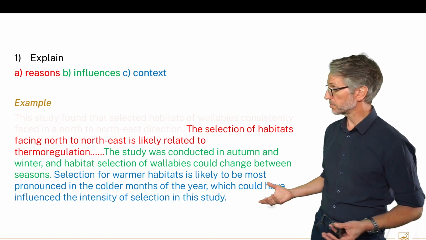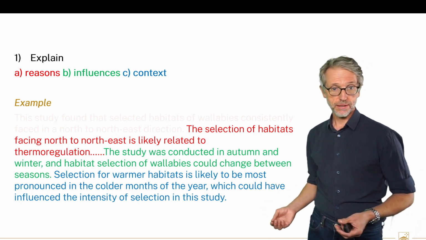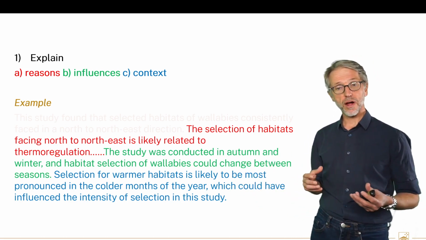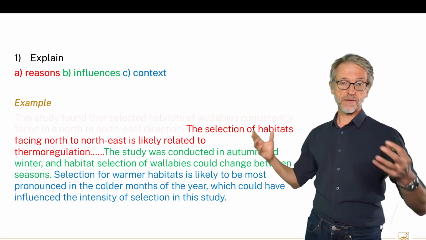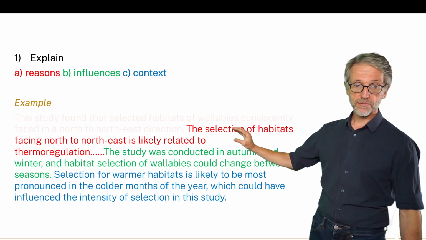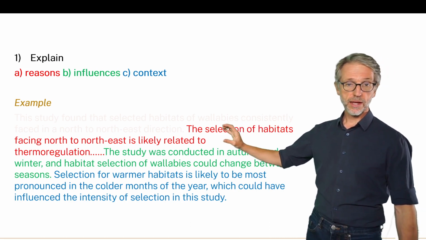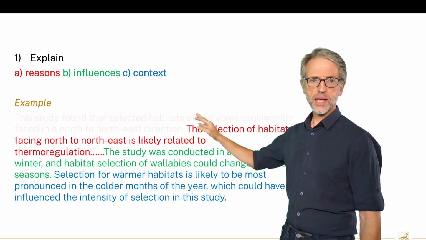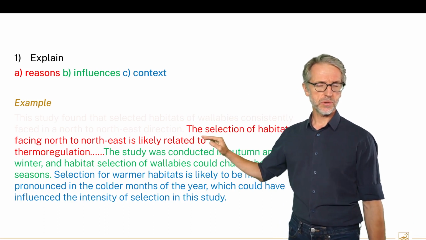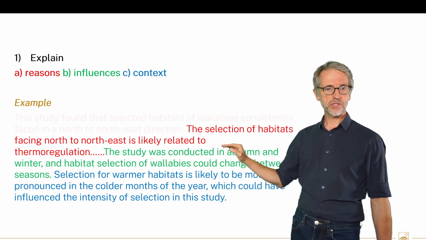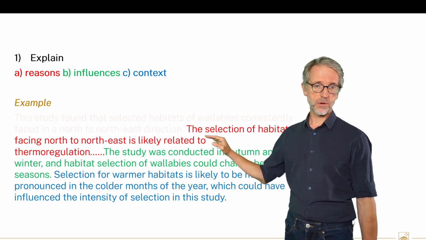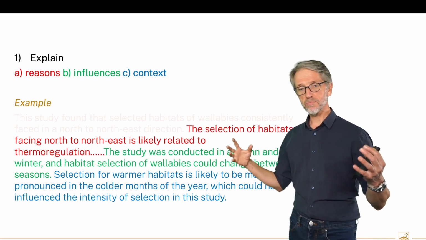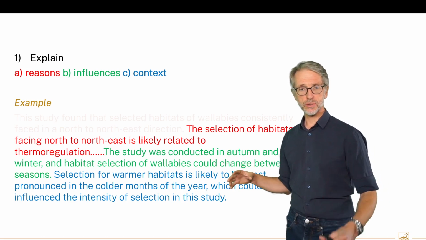Or perhaps these authors observed that it did. And then we place it into context: selection for an environment is dependent upon the functioning of the entire system. So we have a specific result, where the study saw that wallabies were selecting north and northeast directions, and then demonstrated, or at least argued, a reason that it was related to thermoregulation, and then put that into the context of bigger picture influences and a broad context.